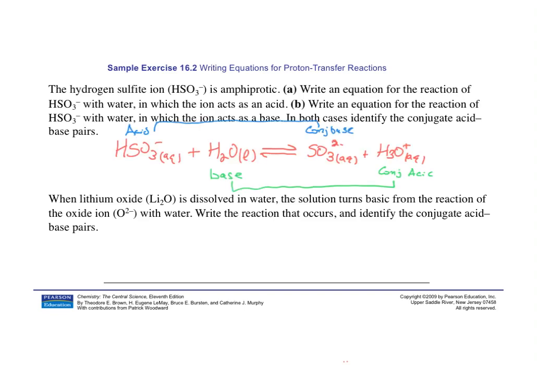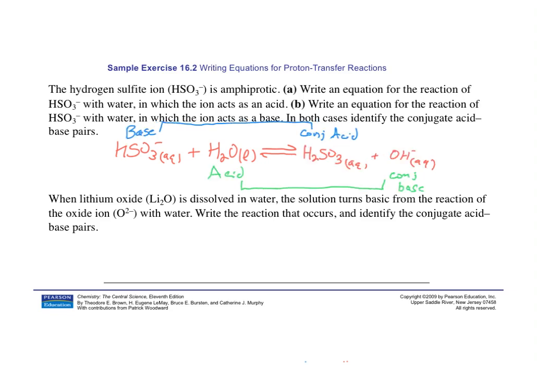In the case of part A of the first problem, HSO3- acting as an acid is going to donate a proton and form a conjugate base. Water therefore must be the base if this is acting as our acid. So it is going to accept the proton, here's the Bronsted-Lowry base, forming its conjugate acid.